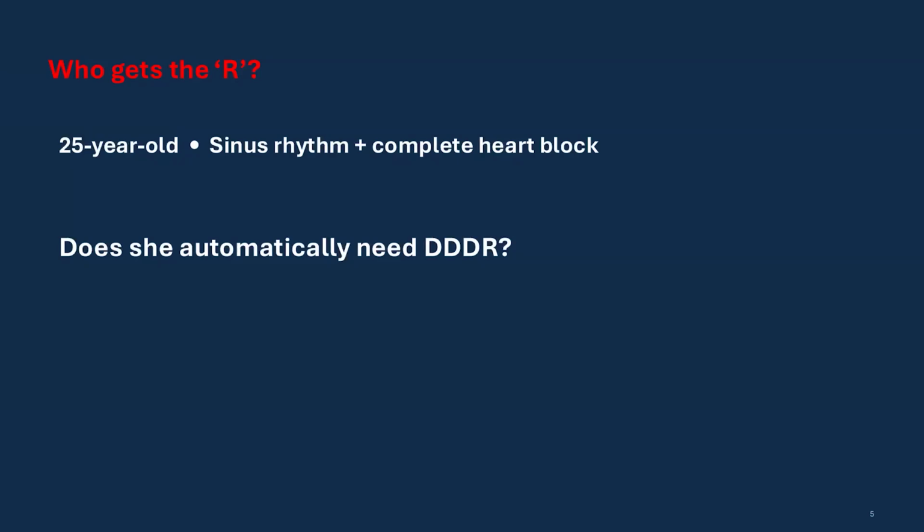Actually, doctor, we don't need the R at the time of implantation. This patient has a sinus rhythm, no sinus node dysfunction, and the heart rate is actually more than 60 or 70, so no need to put R at the time of implantation.